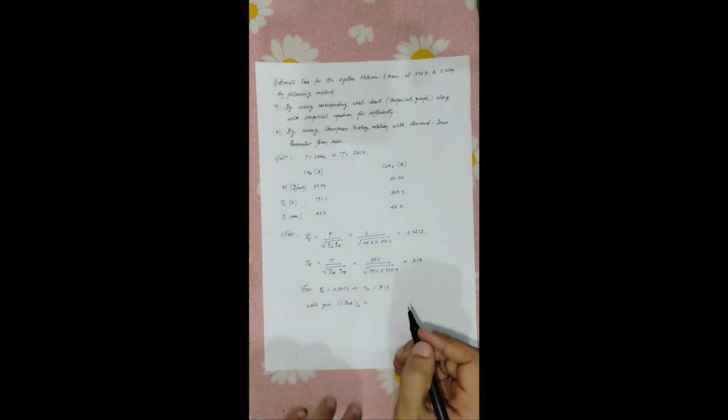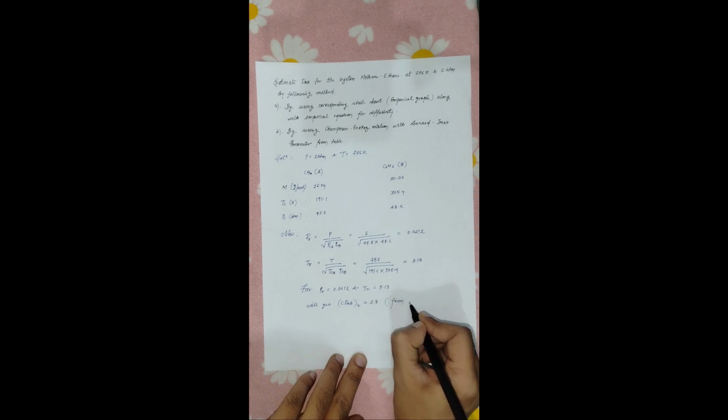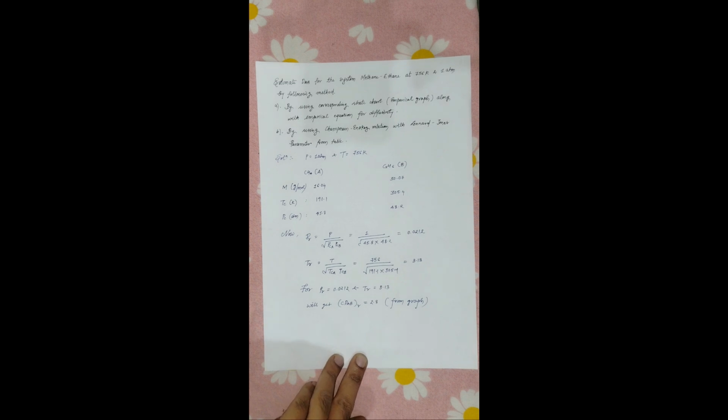So that value comes out to be 2.8 from graph. So we have calculated this using the graph, and now we'll move to our second part B. So we have successfully calculated part A, and now we'll move to part B.